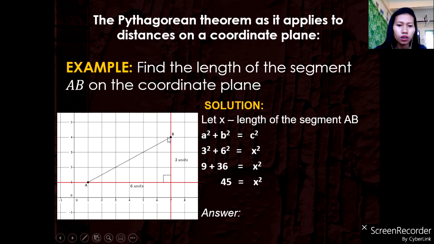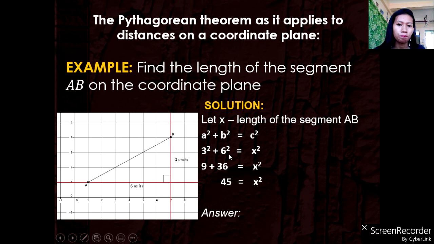So, dito, meron tayo ditong given 3 units and then 6 units. So, those are on both legs. So, yung hahanapin natin is this side which is the hypotenuse. So, let us have the formula. a square plus b square is equal to c square. And then, plug in natin yung mga given values which is 3 units and 6 units.